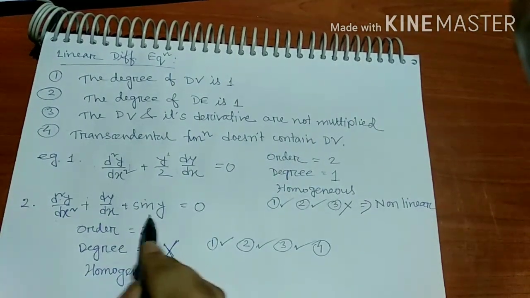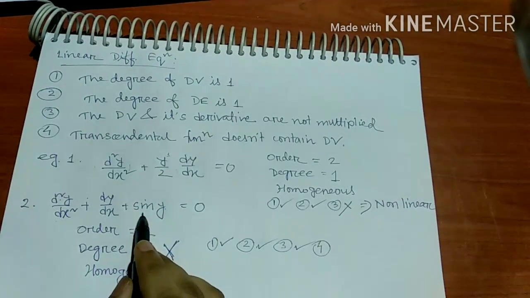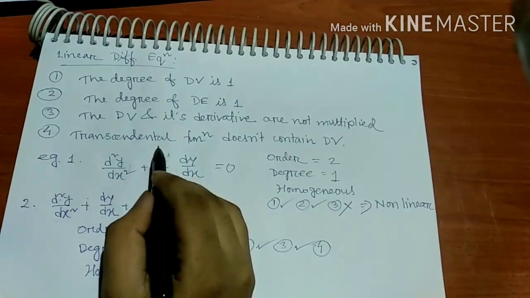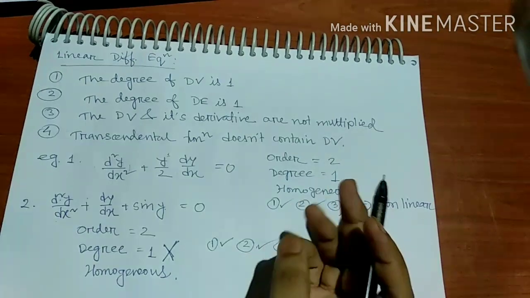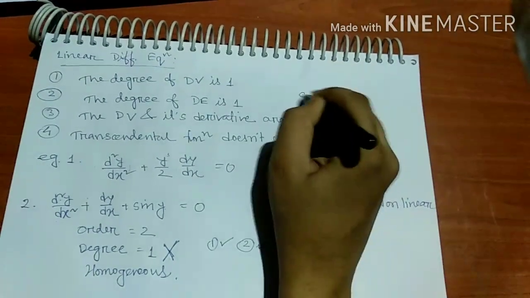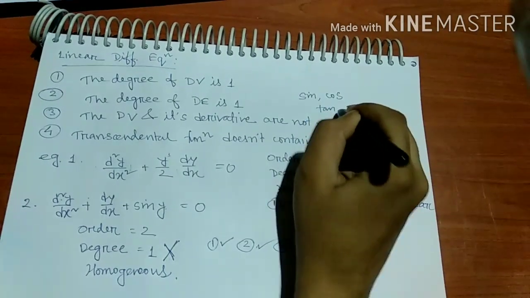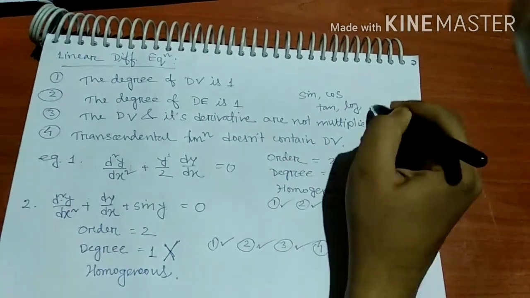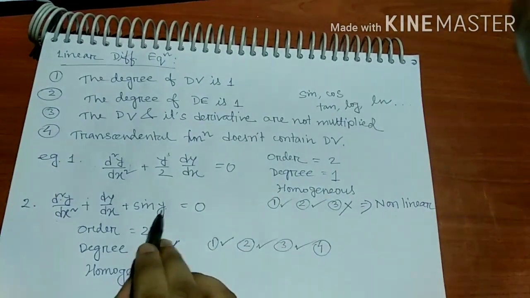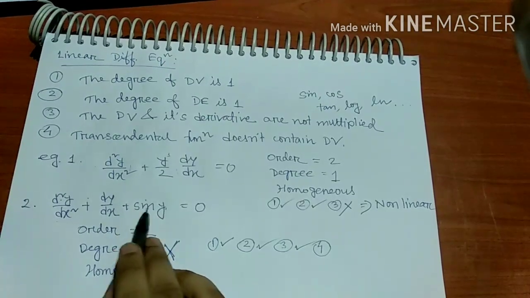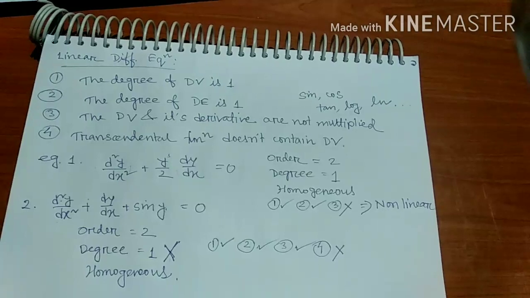Here you can see y is the dependent variable and sine is a transcendental function.